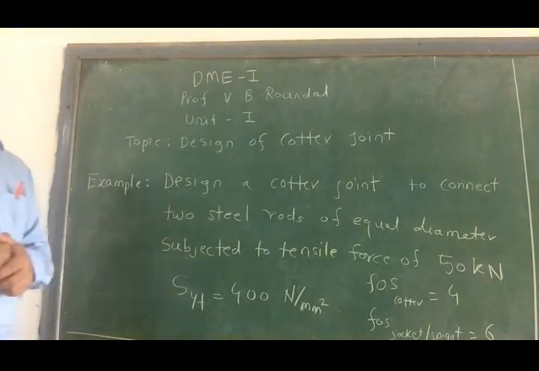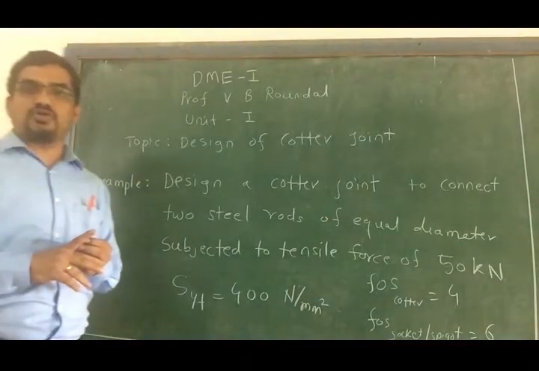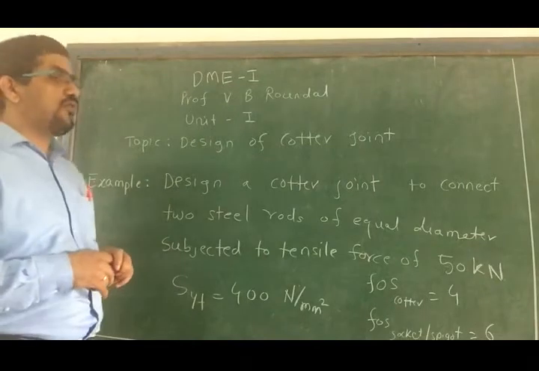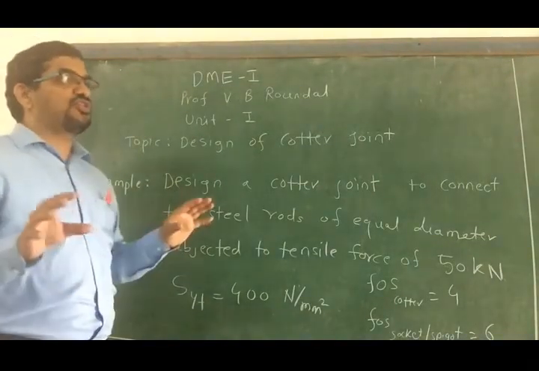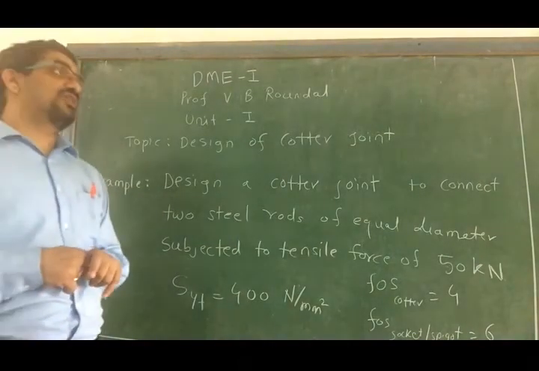Now to do all this, we have to take an example, because we now know the formula and the procedure for design of a quarter joint. So we are going to take an example now. We have to design a quarter joint, which is used to join two steel rods, and they are subjected to a tensile load.